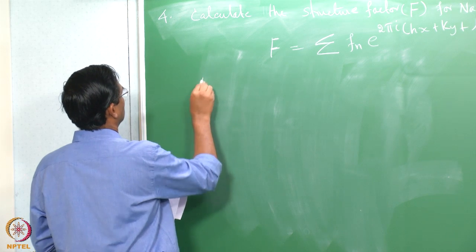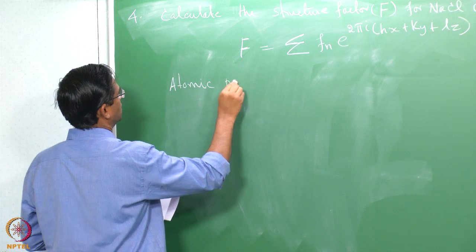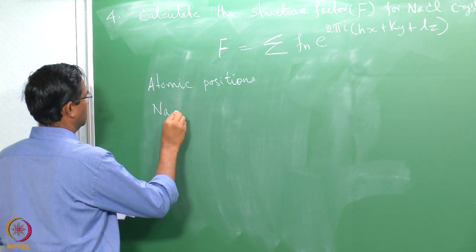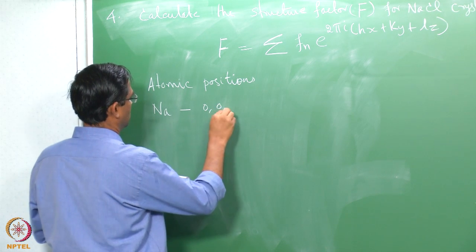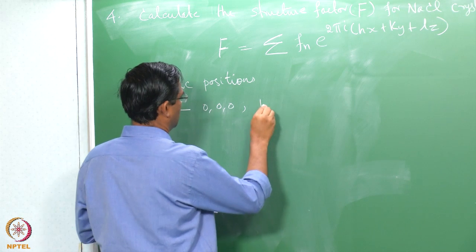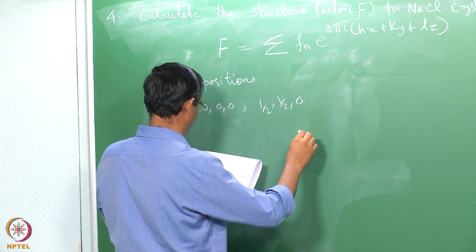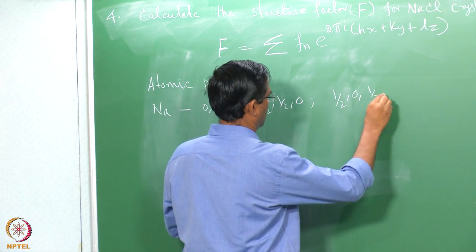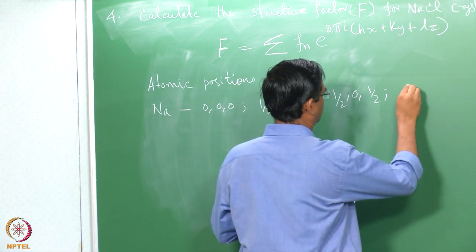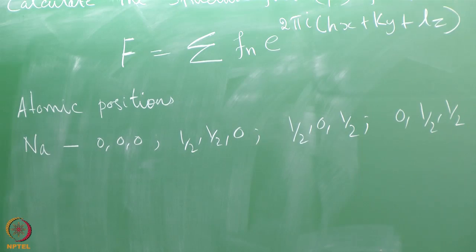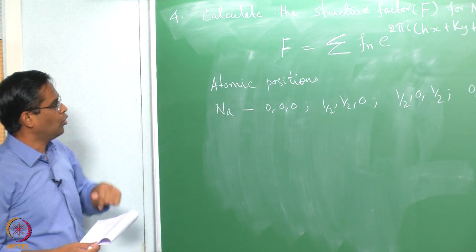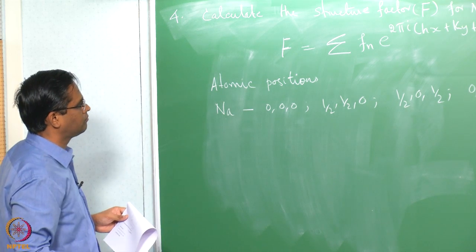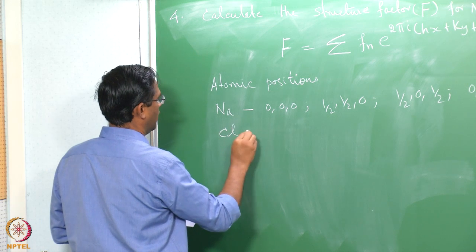If we write those atomic positions in the unit cell, it will be a cubic lattice, and you can see that sodium atoms will be in these positions, and similarly we can write the chlorine atom positions.